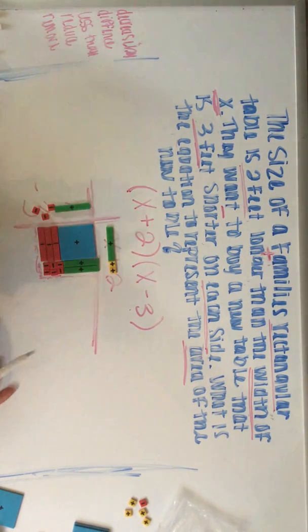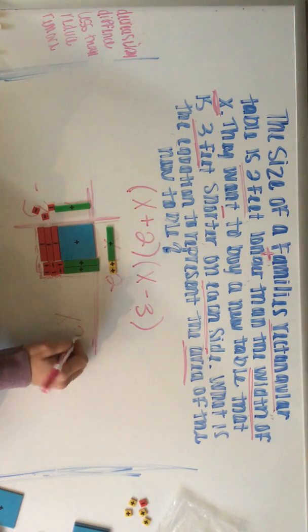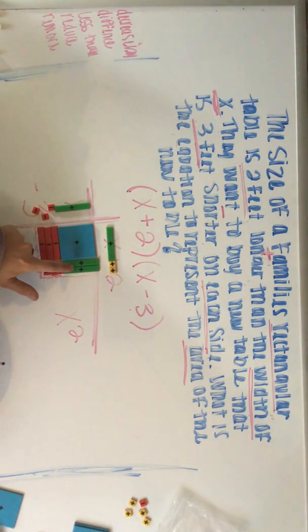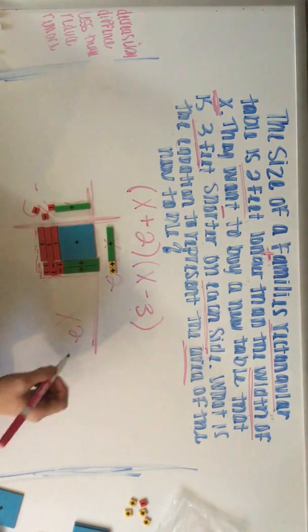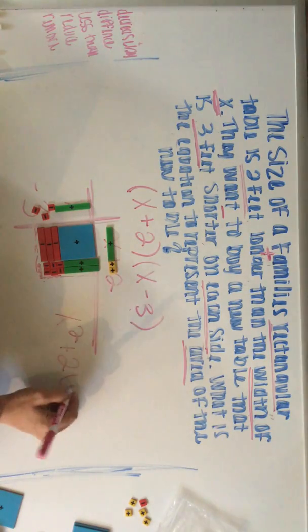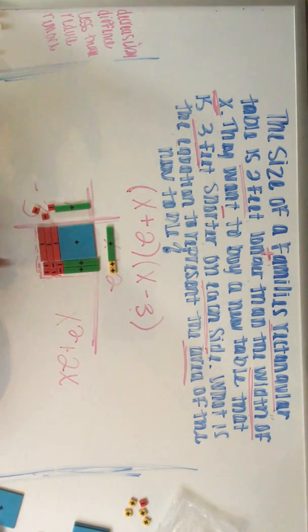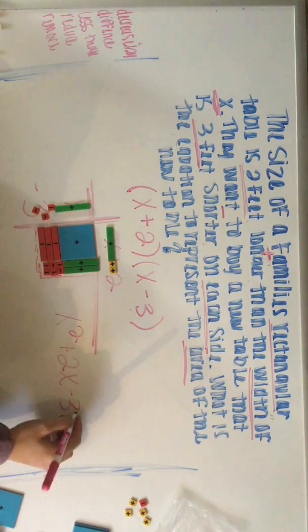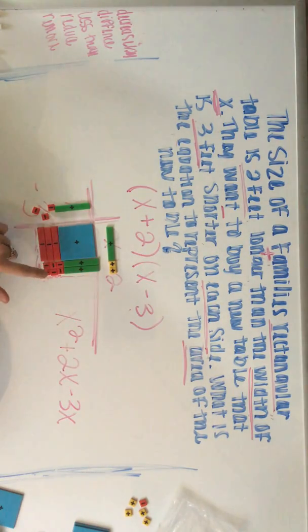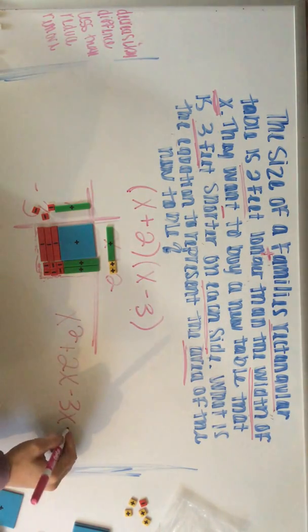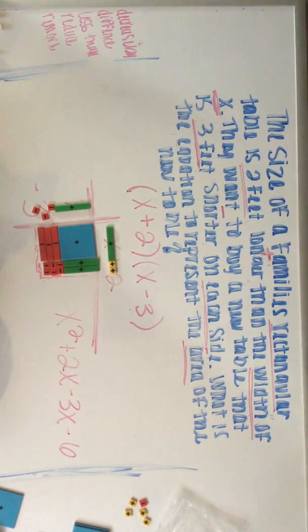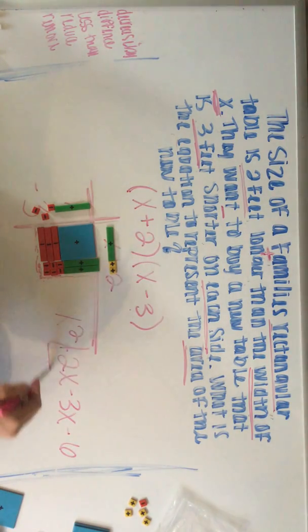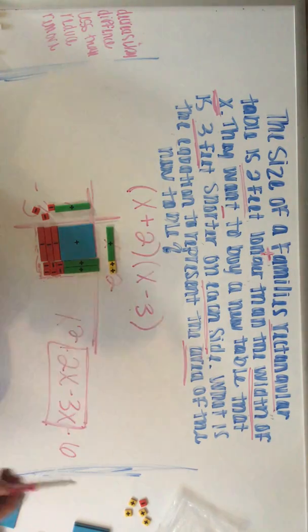So back to, we know that we have 1x squared. Here you can write that you have plus 2x minus 3x minus or negative 6. And then we can use our prior knowledge of combining like terms, right?